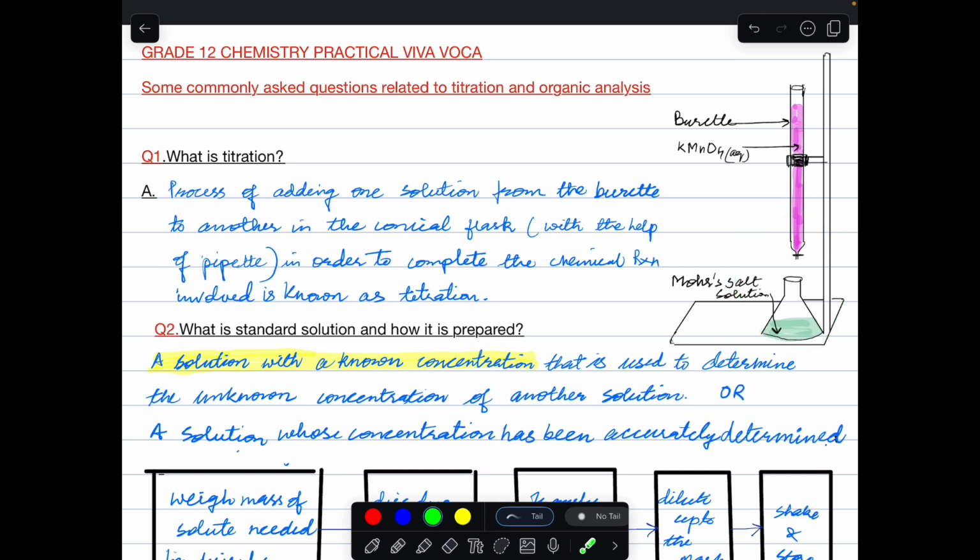In this case, we are not using any indicator, but since potassium permanganate itself is colored, it is very easy to find the endpoint with a slight excess of potassium permanganate, which gives a light pink color.